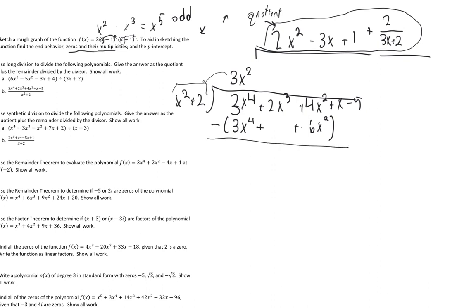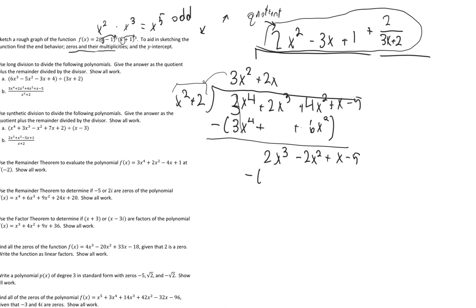When I subtract them, these first two get canceled. So I'll get 2x cubed. Didn't add or subtract anything. And then 4x squared minus 6x squared is going to be minus 2x squared plus x minus 5. Now, what do I multiply x squared by to get to 2x cubed? Well, that's going to be plus 2x.